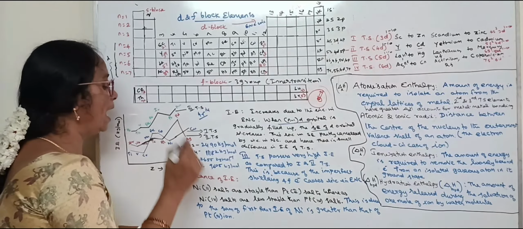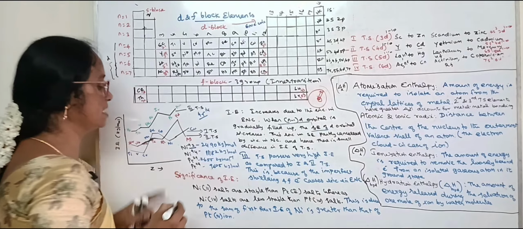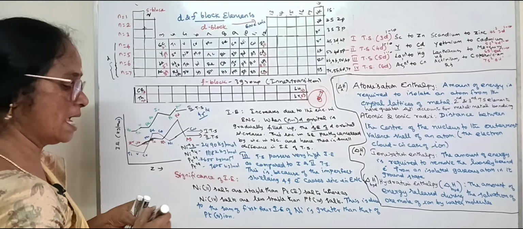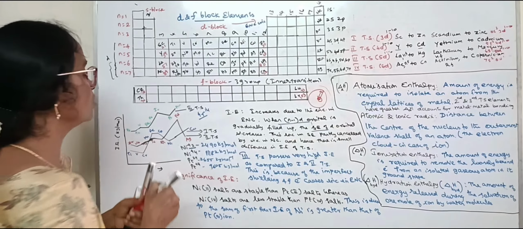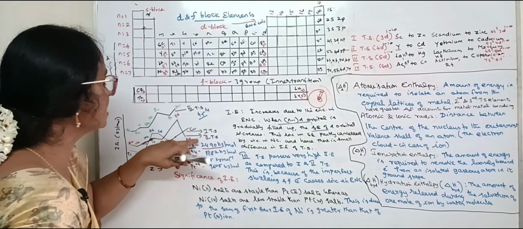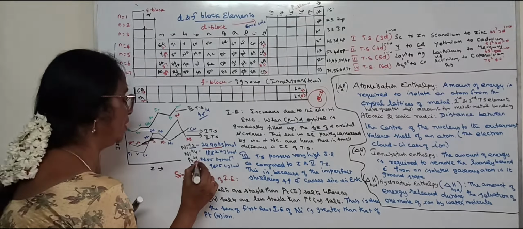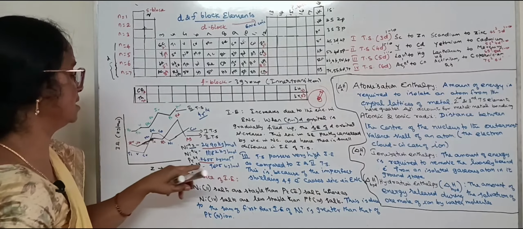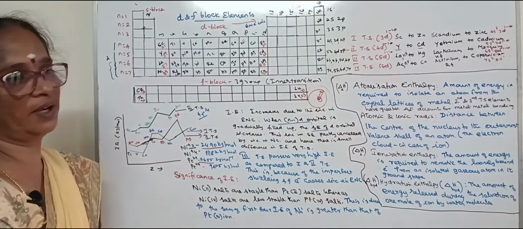When you add the first and second ionization enthalpy of nickel 2+, it is found to be 2490 kilojoule per mole. When this amount of energy is compared with platinum 2+, it has 2655 kilojoule.